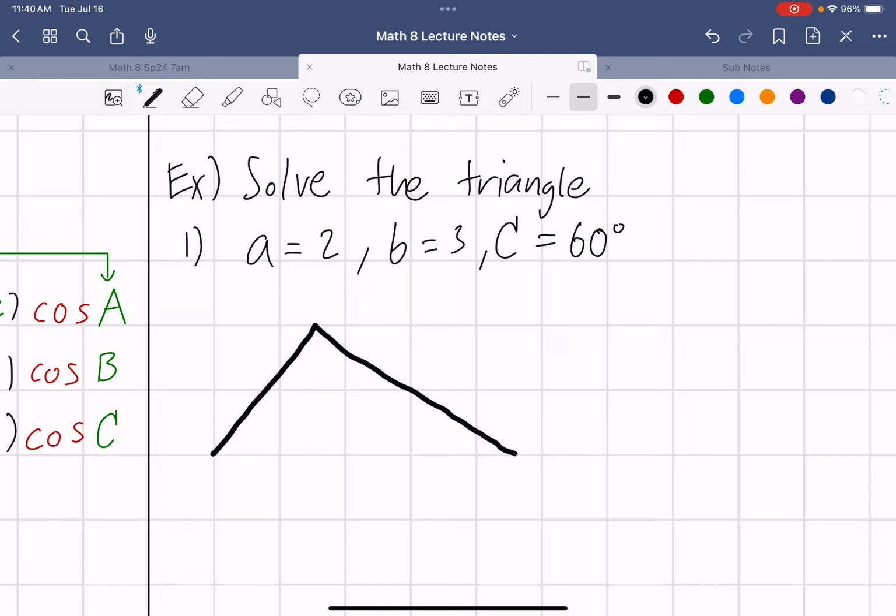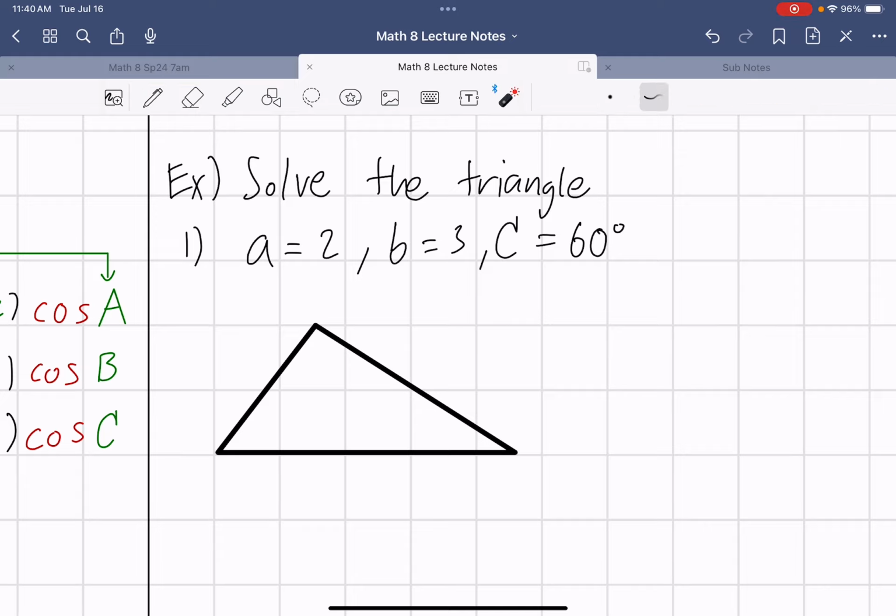And again, I just draw a random triangle. Obviously the largest angle should probably have the largest side, but I'm just setting up a triangle. I'm not really putting too much thought into which angle represents which. This isn't to scale is what I'm trying to say.